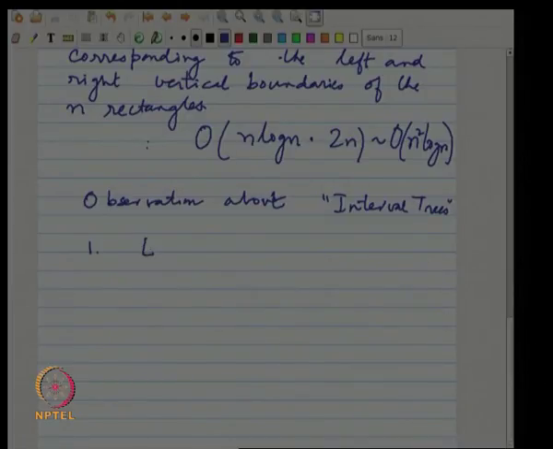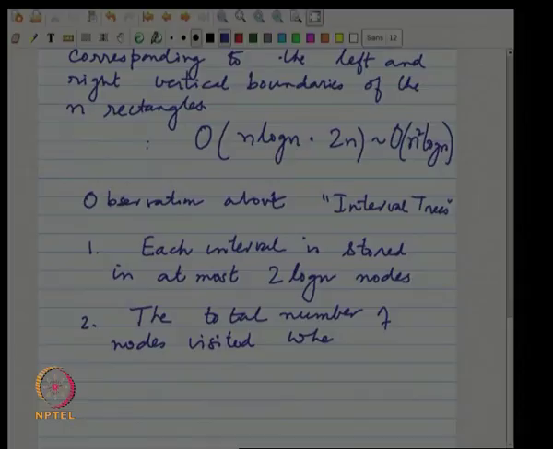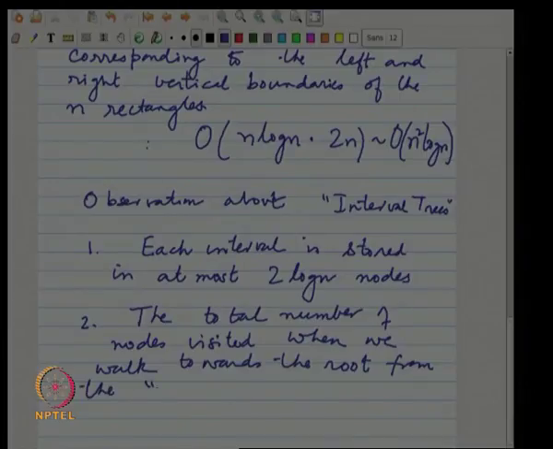So, one, each interval is stored in at most 2 log n nodes, okay, and two, the total number of nodes visited when we walk towards the root from the allocated nodes is again less than 2 log n.